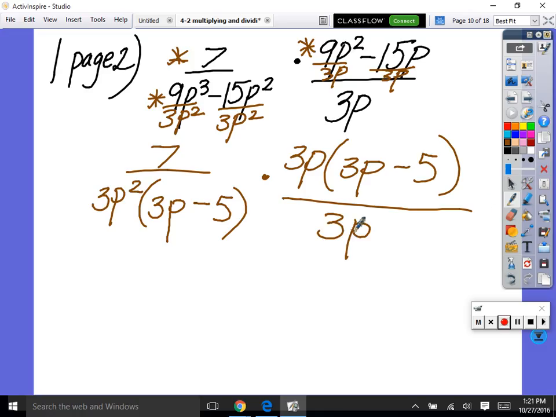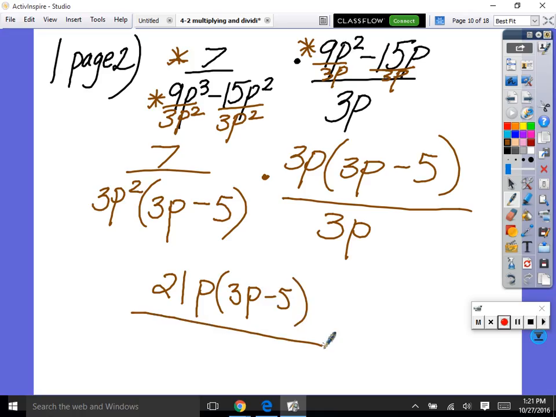So 7 times 3 is 21, so we have 21p on top, and we also have 3p minus 5. Numbers are usually the only time I'll multiply them back together, or if you have p and p. On bottom we have a 3 times a 3, which is a 9, and then we have a p squared and a p, which is p cubed, and then we have 3p minus 5.